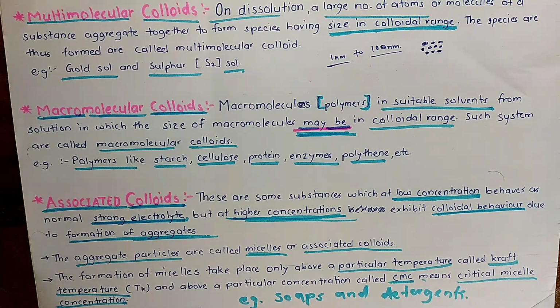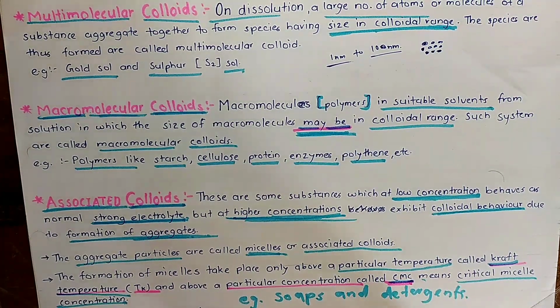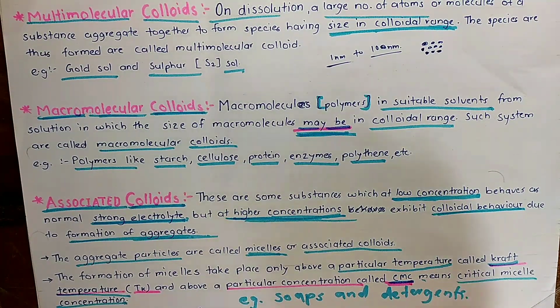And third point is that the formation of micelles takes place only above a particular temperature, called the Kraft temperature, Tk, and above a particular concentration called CMC, means critical micelle concentration. An example of associated colloids is soaps and detergents.